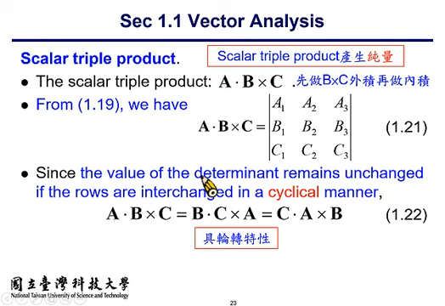Another property associated with the scalar triple product is the so-called cyclic manner.